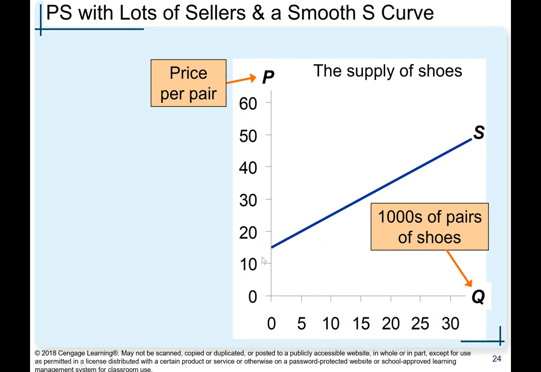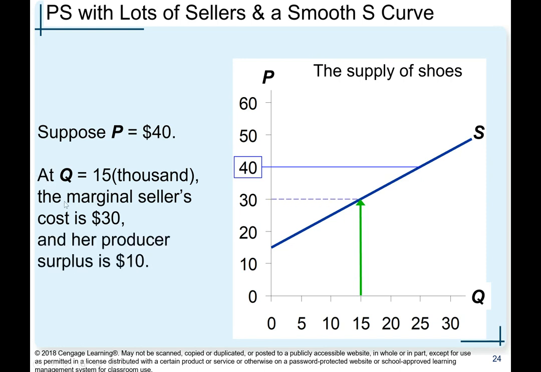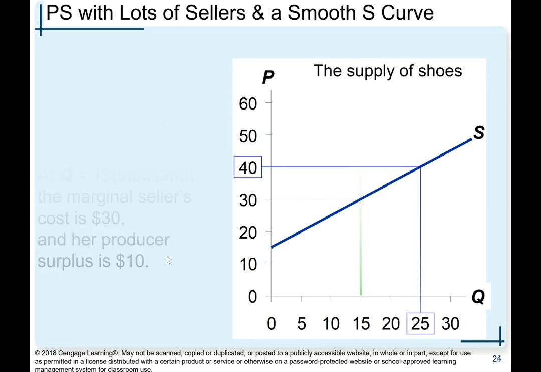And let us plot it on a smooth curve. Again, price is measured on the vertical axis and output measured on the horizontal axis. If the price offered is 40, at output 15,000, the marginal seller's cost is 30 and her producer surplus is 10. In other words, she is willing to accept 30, but the market is offering 40, so the producer surplus is the difference, $10.